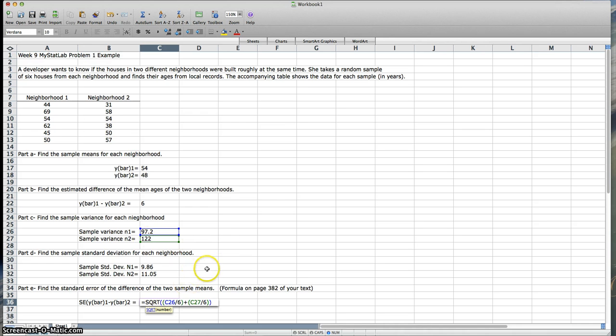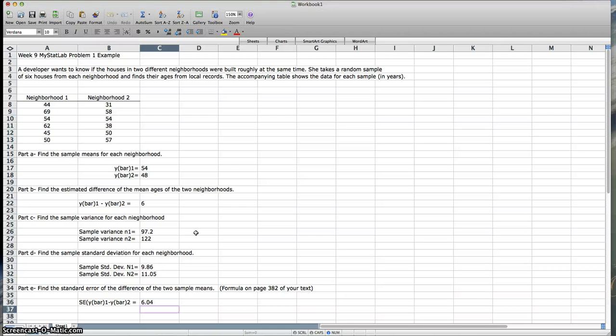So the square root of the variance divided by 6 plus the variance of sample 2 divided by 6, so we're getting the square root of all of that, so we have everything in parentheses, and let's just hit enter, and there we have it. So the standard error of the difference of the two samples in this case is 6.04.